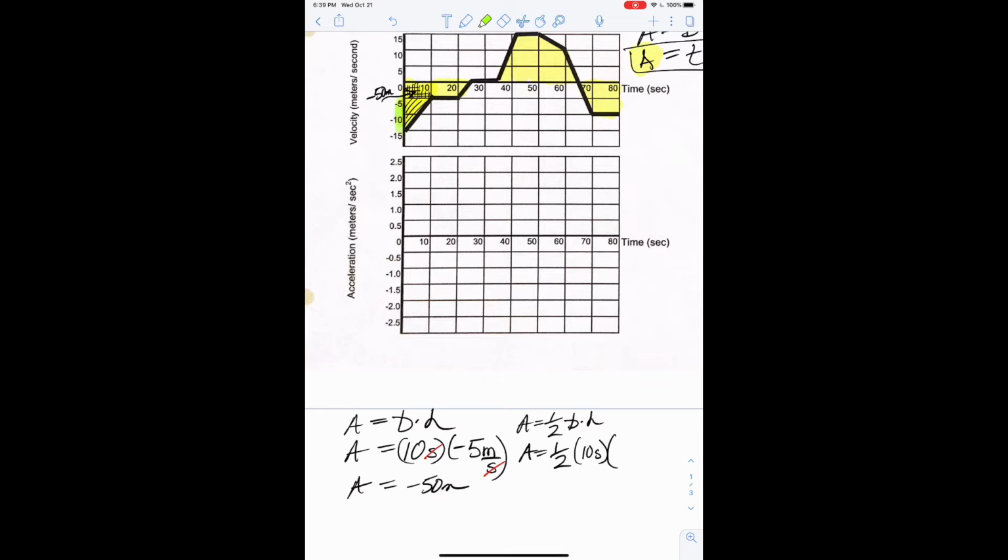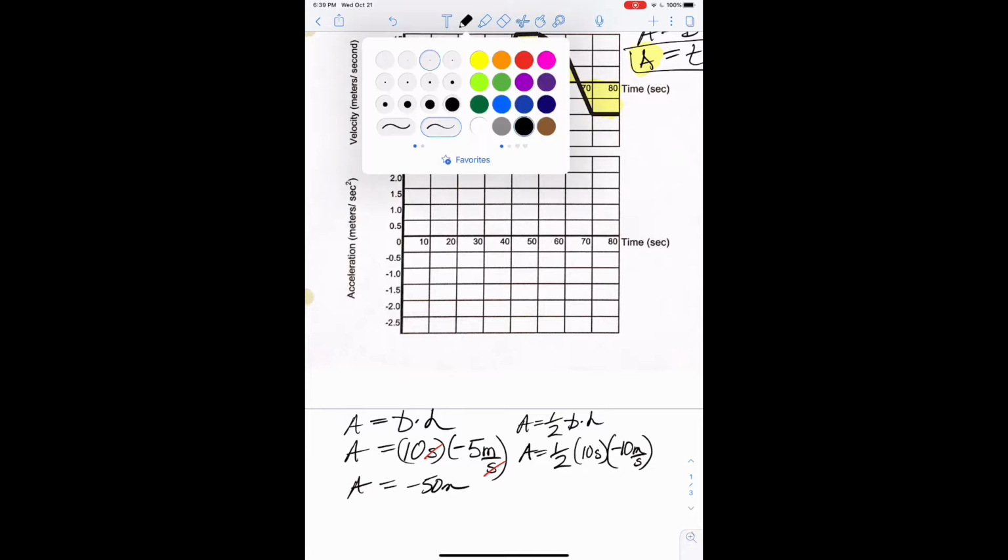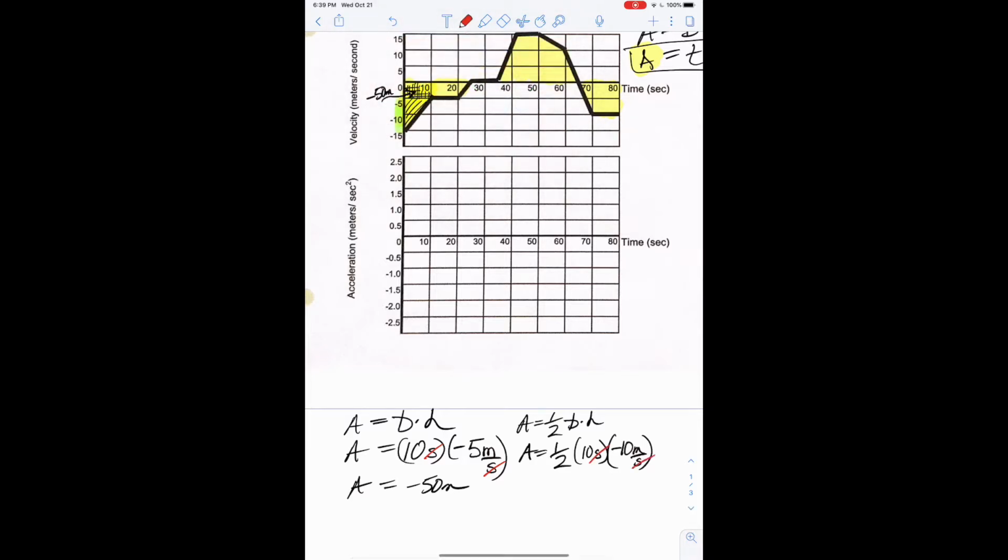That's the height of that triangle, from negative 5 to negative 15, so it's going to be a height of negative 10 meters per second. Hopefully that makes sense. 10 times negative 10 is negative 100. Once again, those seconds are going to cancel away. So we have half of negative 100, which is just going to be negative 50. So that triangle has the same area as the rectangle directly above it.